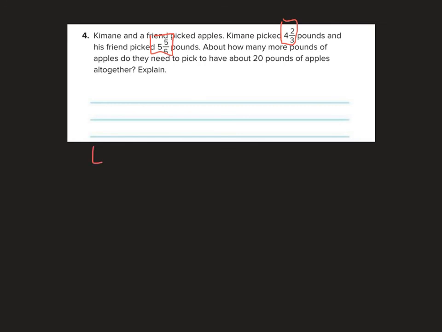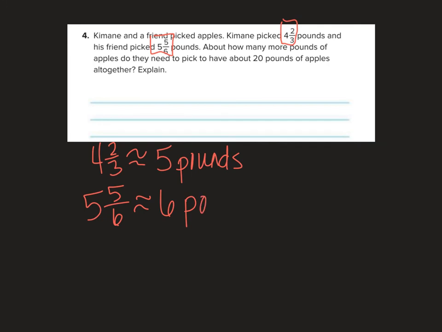So 4 2/3 is about 5 pounds. And then 5 5/6 pounds is about 6 pounds. So his friend picked more.